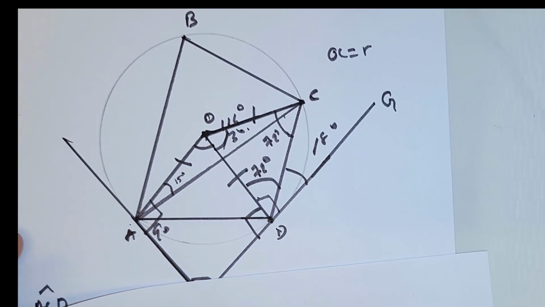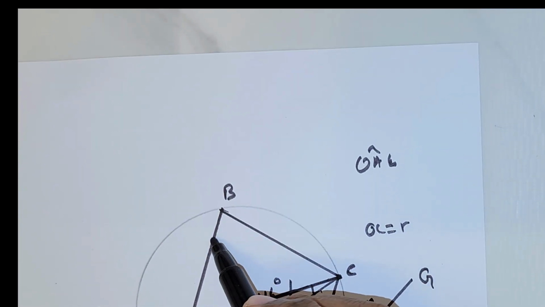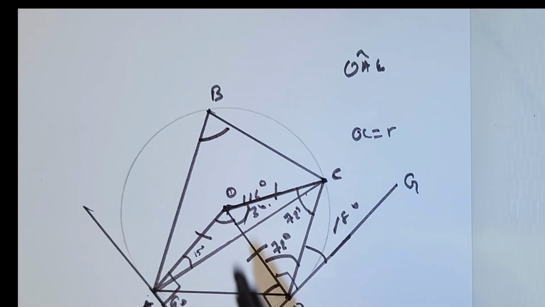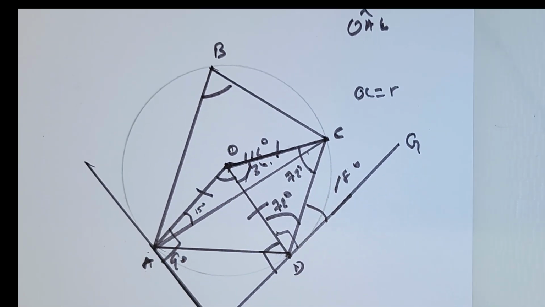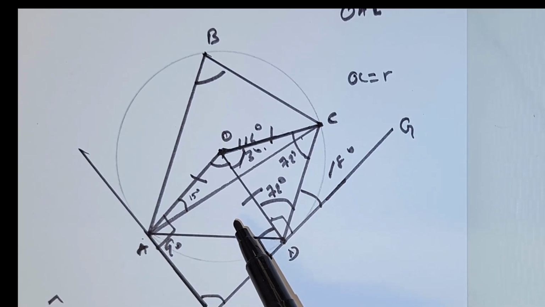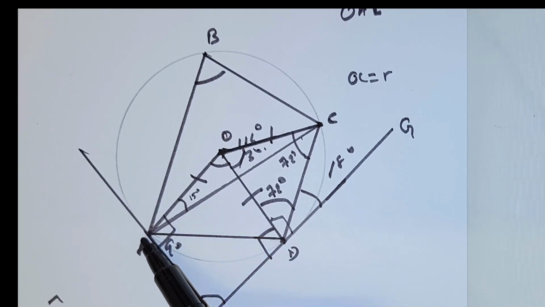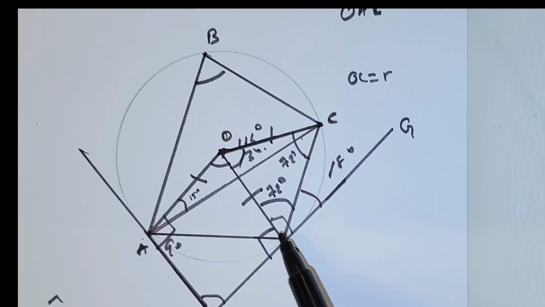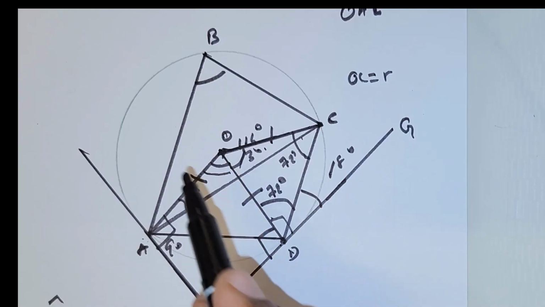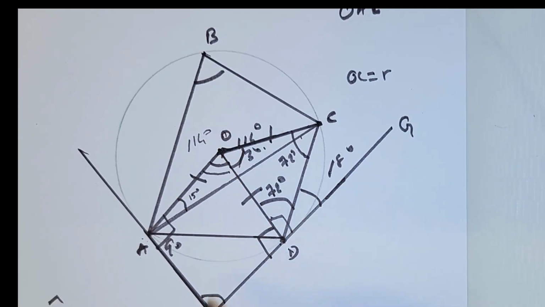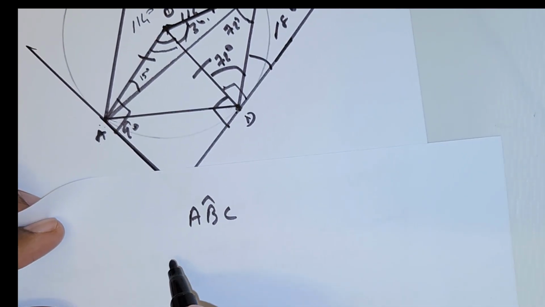Now there is the last part. We need to get the angle ABC. So we need to get this angle. Now for that, what I wish to do foremost is to consider triangle AOD. I know this angle is given as 114.